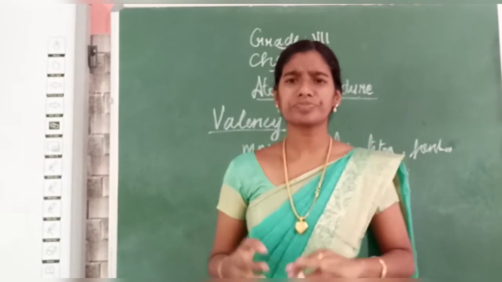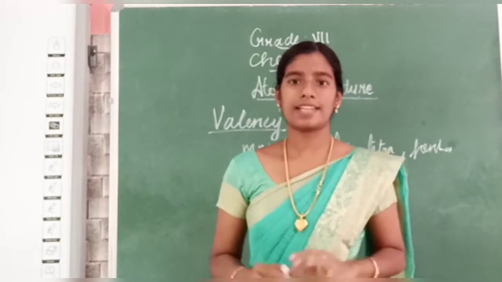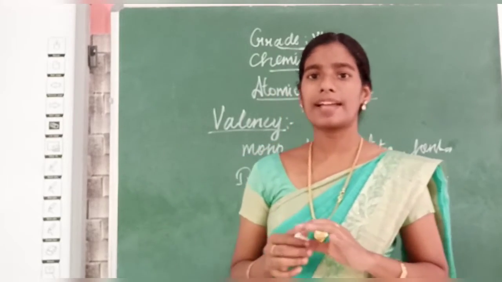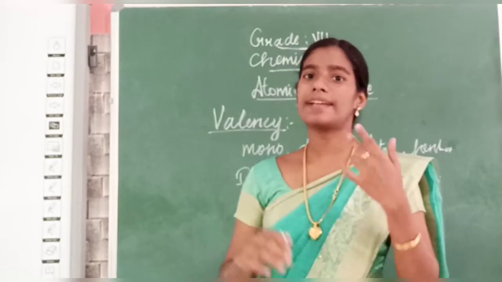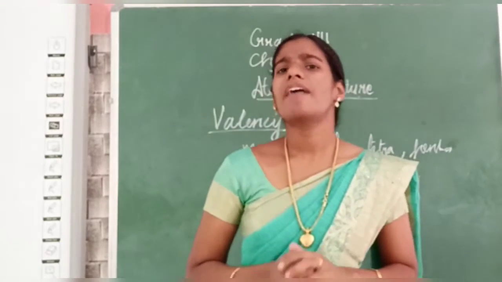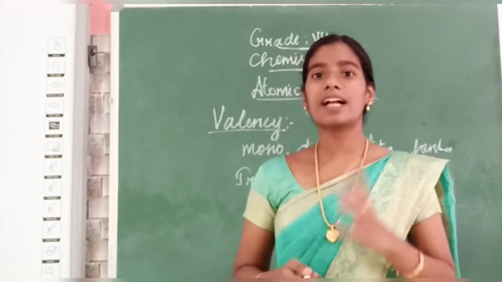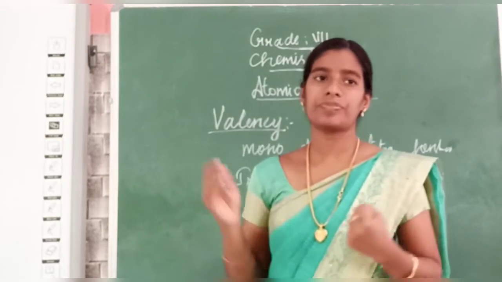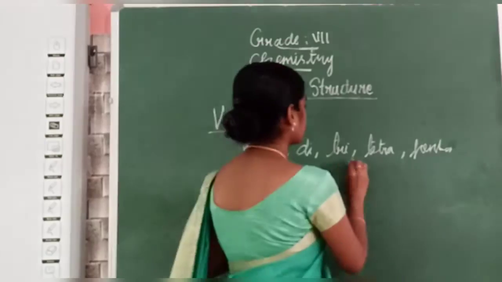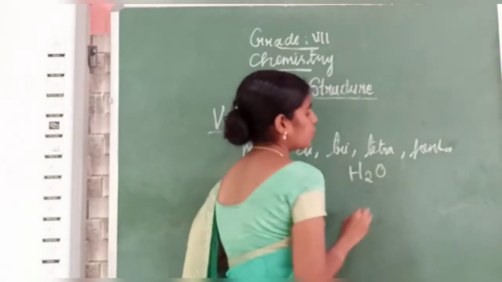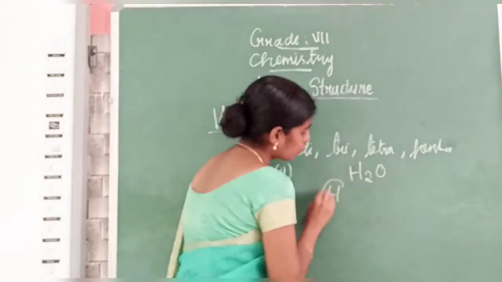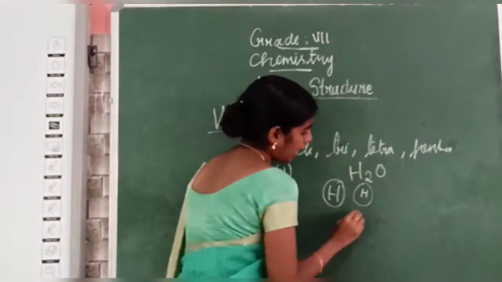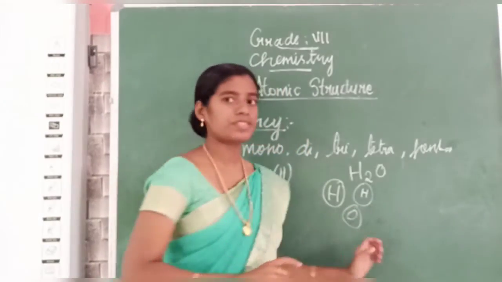Valency means, consider hydrogen atom. Hydrogen molecule may have 1 atom, 2 atoms, like that. Valency indicates the combining capacity. When we consider a molecule H2O, it is a water molecule. It has 2 hydrogen and 1 oxygen.